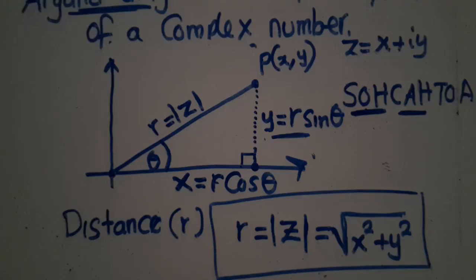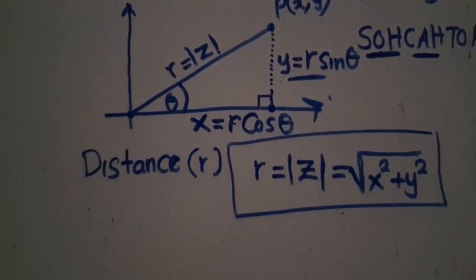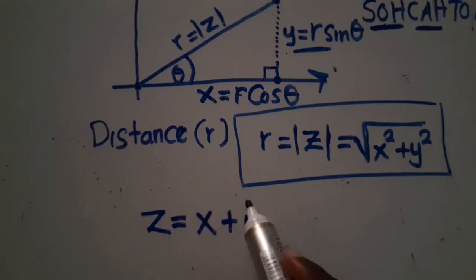A complex number is like this. Complex number z is equal to x plus iy.